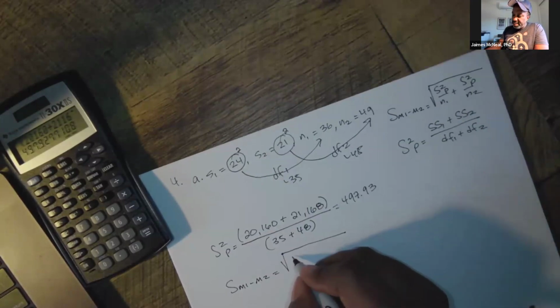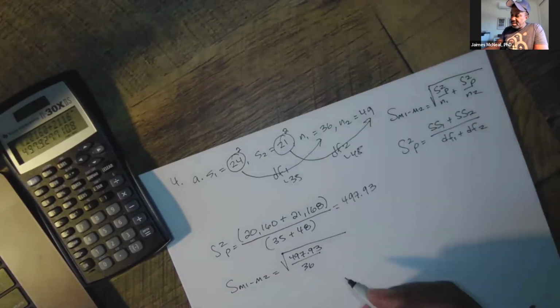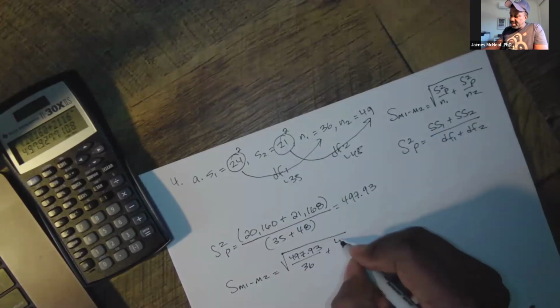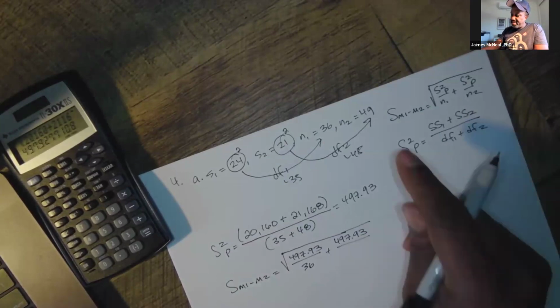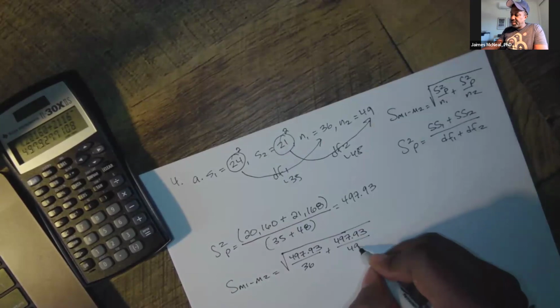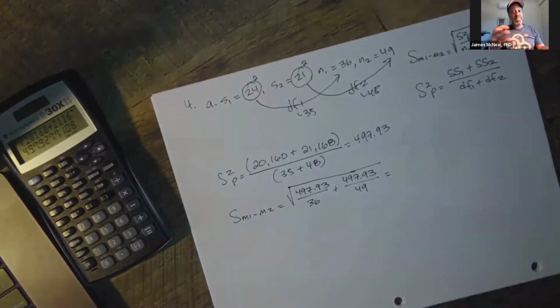So 497.93 divided by 36, which is n1, plus 497.93 divided by 49. And whatever that is gives us the standard error of the difference between M1 and M2.